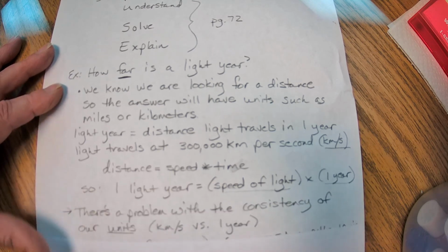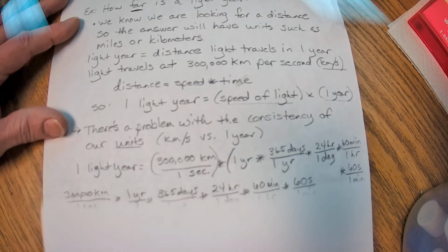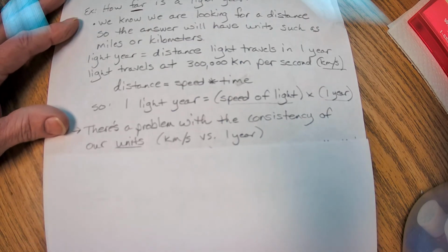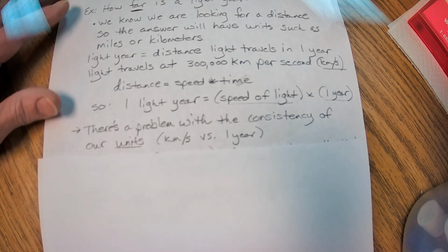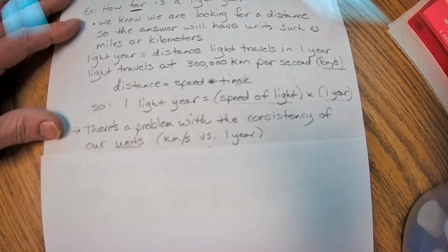But notice that we have an inconsistency with our units. We have kilometers per second versus a year. So we need to do what we call unit analysis, and that's what the next 2 units are going to be covering, is unit analysis.